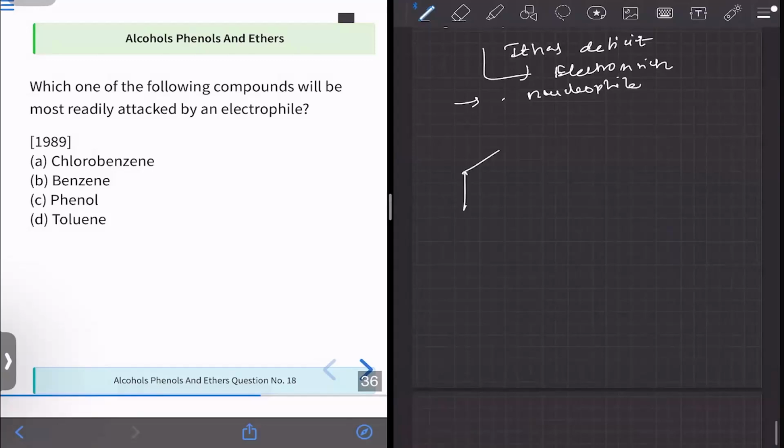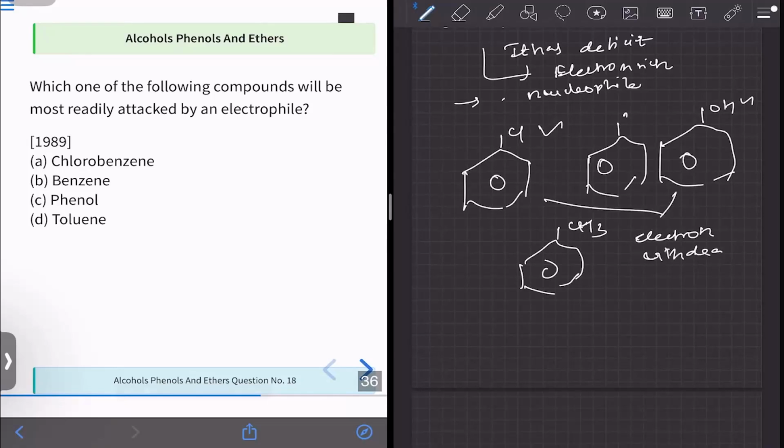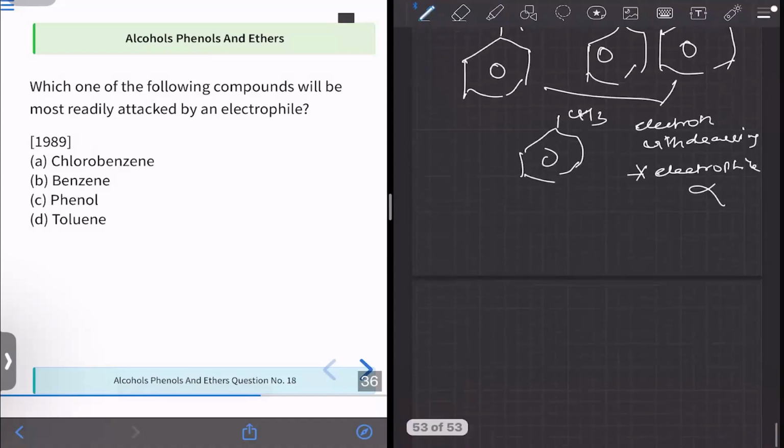Option A is chlorobenzene, option B is benzene, option C is phenol, option D is toluene. Toluene is CH3 on a benzene ring. Cl and OH are electron withdrawing, so an electrophile does not react easily with these. In case of CH3, it is electron donating.